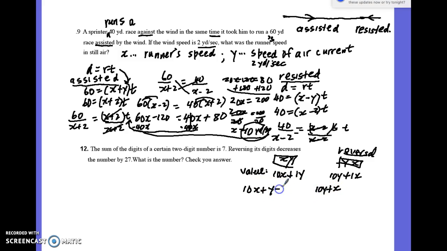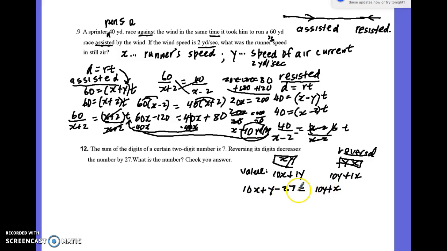So if I subtract 27 from the old one, I get the new one, because the new one is 27 less. So that's the relationship we have.